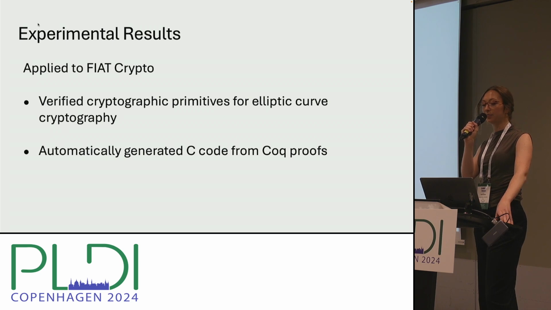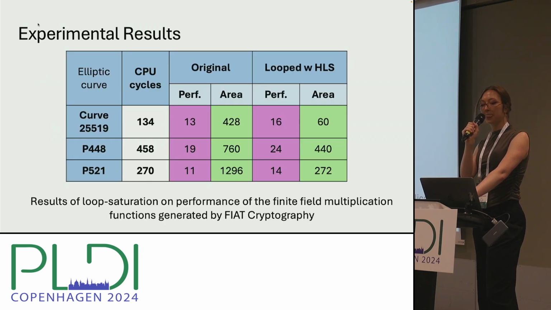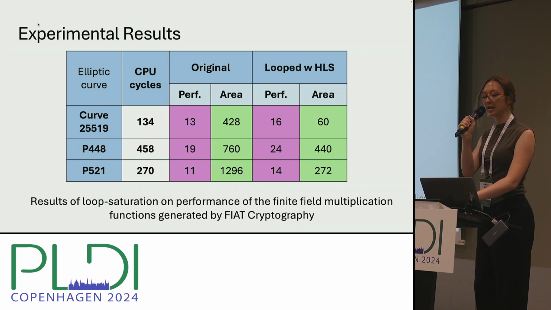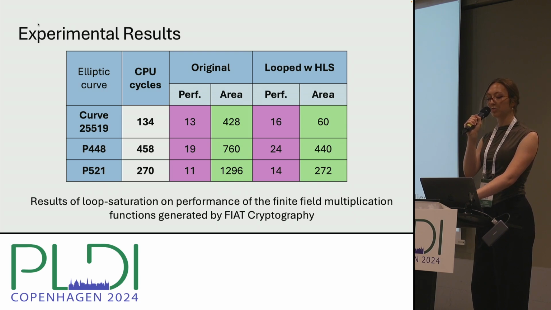And we say that this is an important application domain since cryptography is sort of needed everywhere, so resource constraints may apply for different use cases. So here are three examples where we ran this approach, and we ended up with 3 looped versions of the original straight line codes from Fiat. So these are 3 different parts of cryptographic primitives for 3 different elliptic curve cryptography programs.